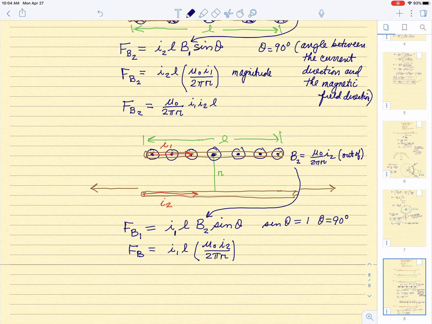And so we can clean this up. Remember, this is just in magnitude.